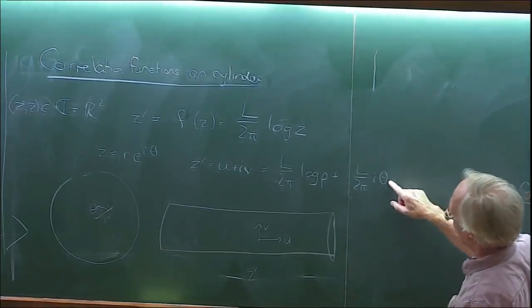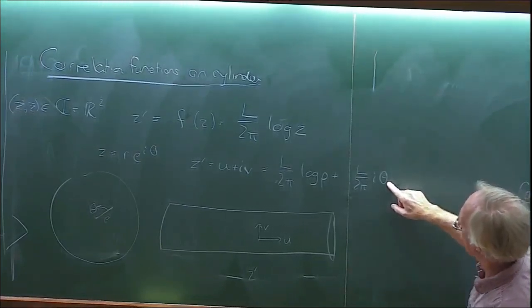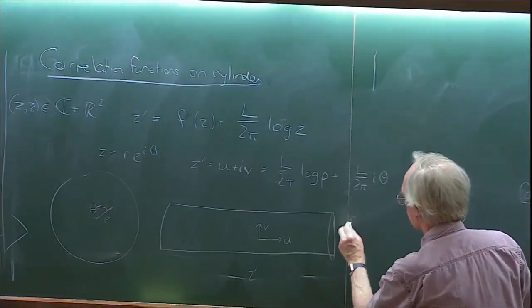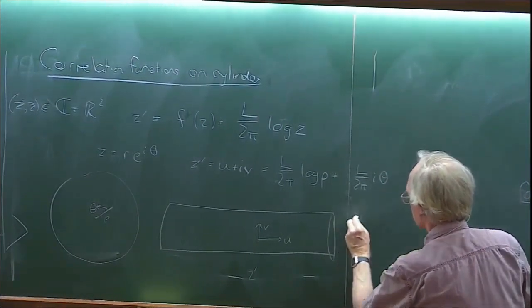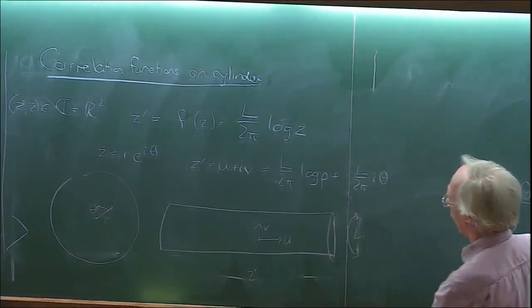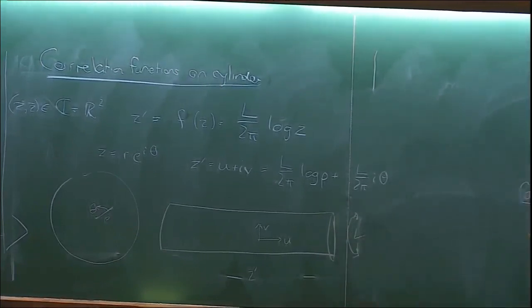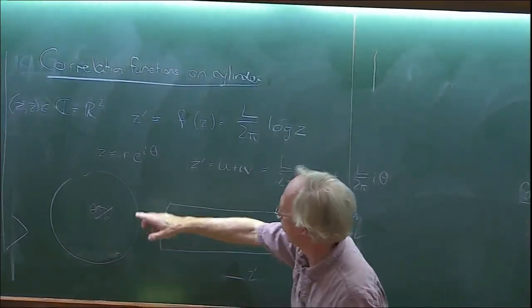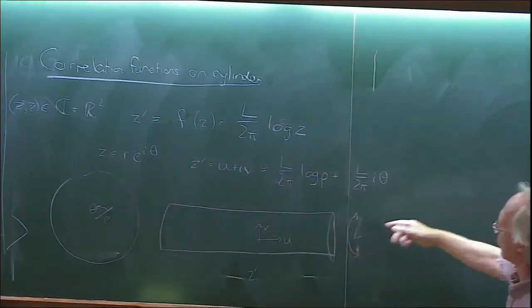As theta goes from 0 to 2 pi, v goes from 0 to L, so the circumference of this cylinder is L.